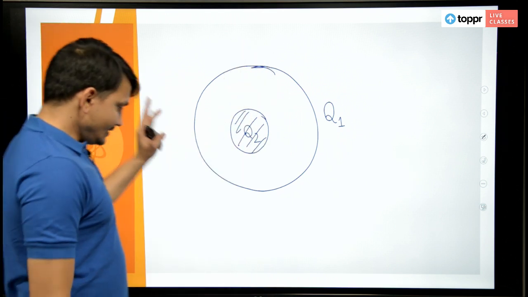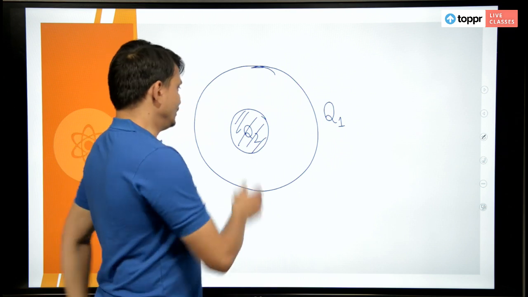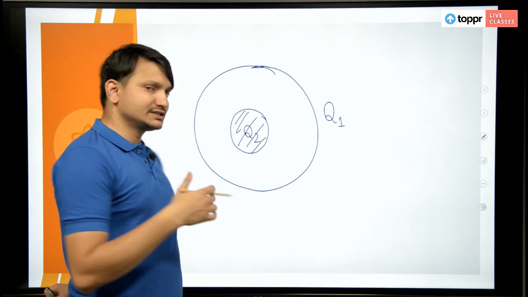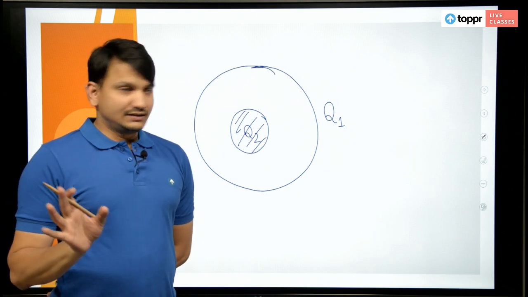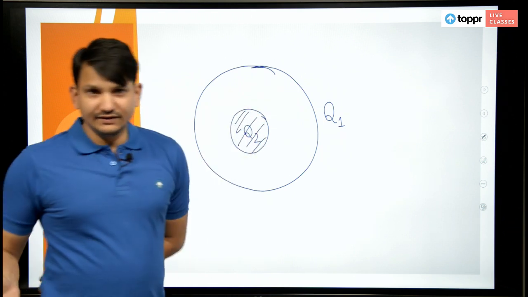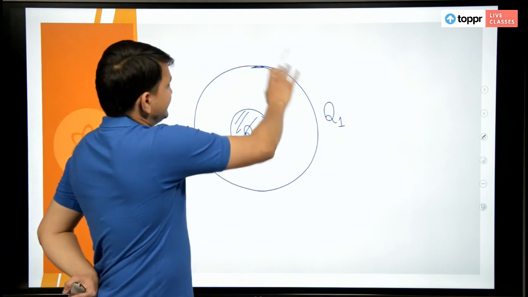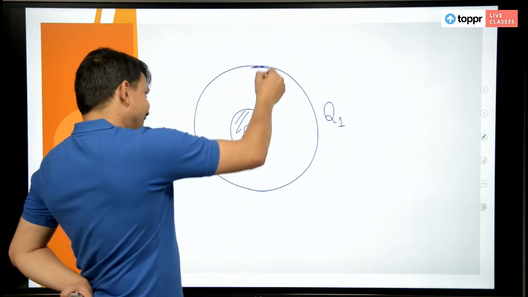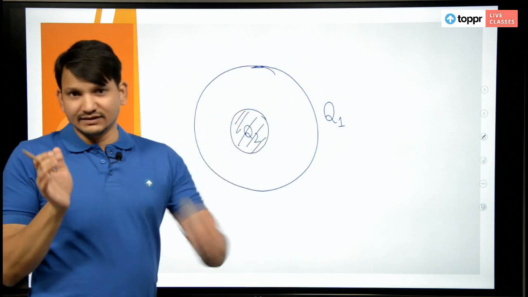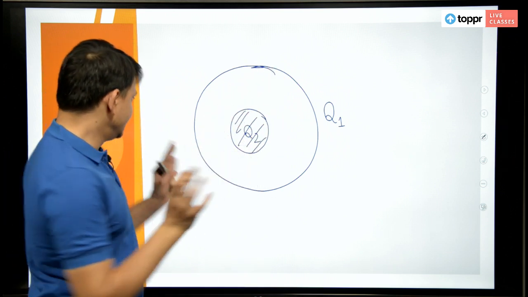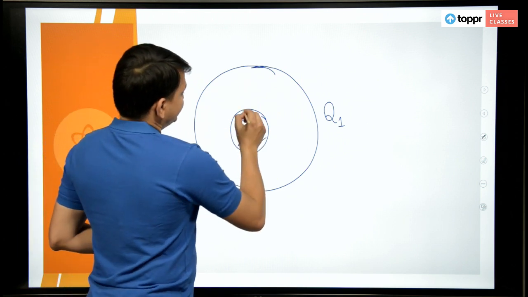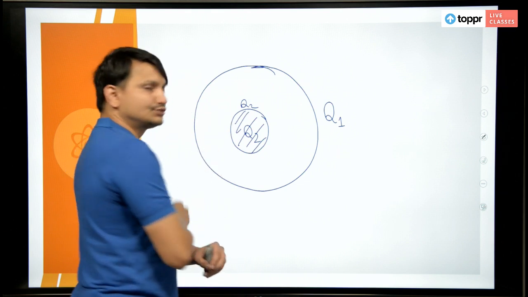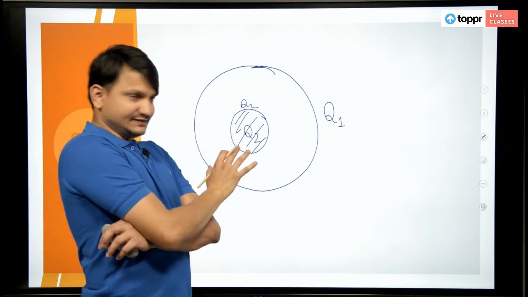To work it out, obviously this is not affected by any internal forces or any electric field from outside, because if this shell has some kind of charge distribution, that will not affect any internal part, right? So this will obviously have Q2 charge on its surface.